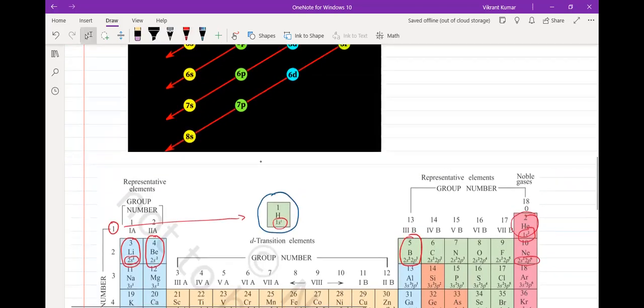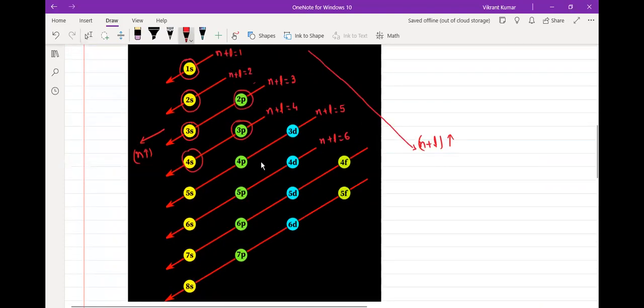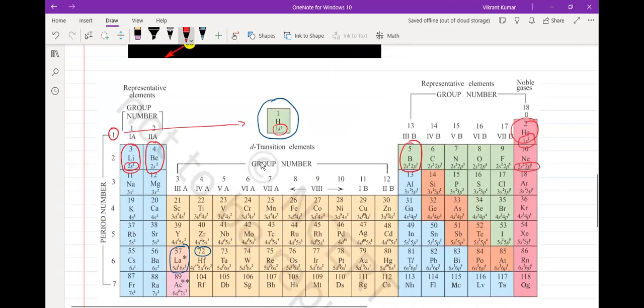If you see the sequence, 3d will be filled first and then 4p is going to be filled, है ना. And that's why, just to show that in future we are going to get some elements in between this column and this column, there was a gap left in the first, second, and third period. Is it okay? Clear the point?